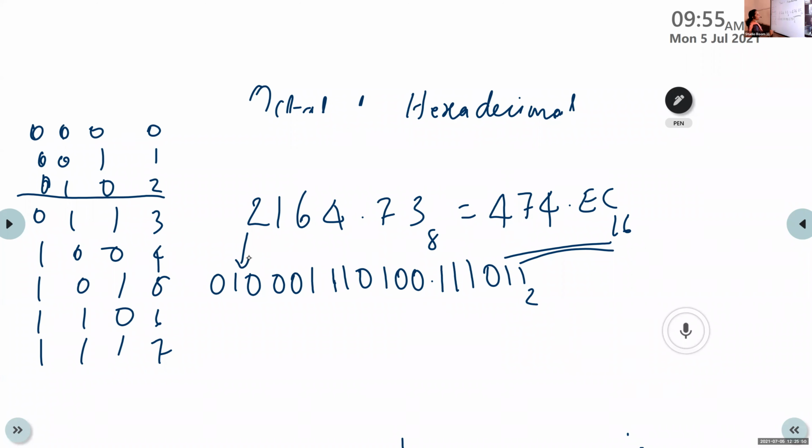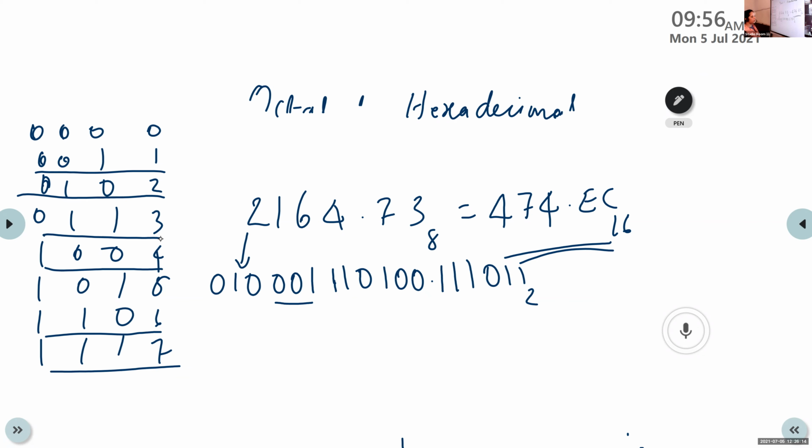Write 0 1 0 here. After that 1. What is 1? That is 0 0 1. Then write 6. 6 it is 1 1 0. Then 4 it is 1 0 0. Point 7 it is 1 1 1. Then 3 it is 0 1 1.